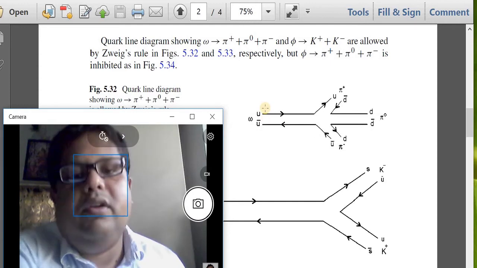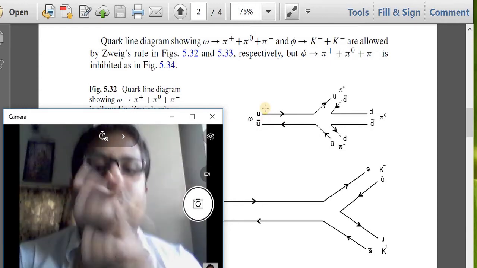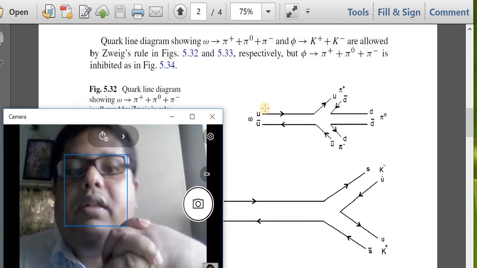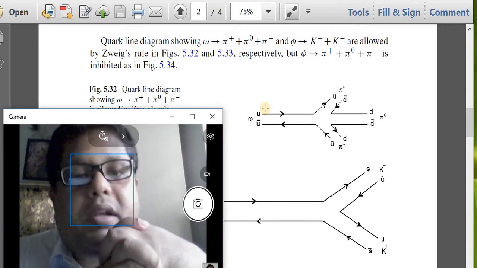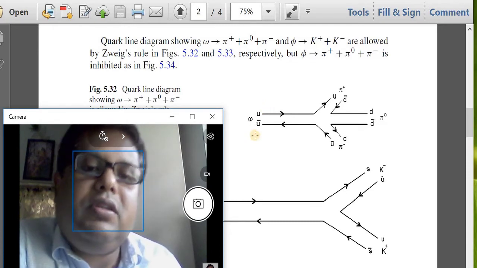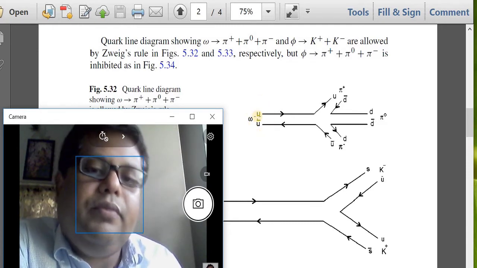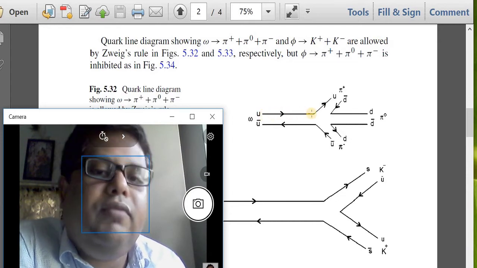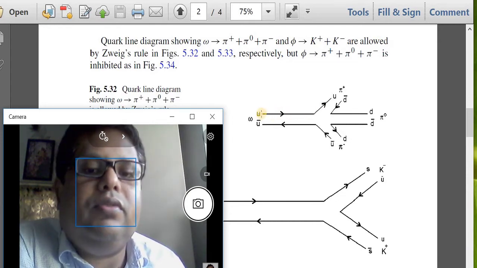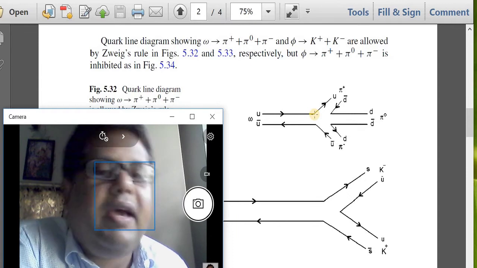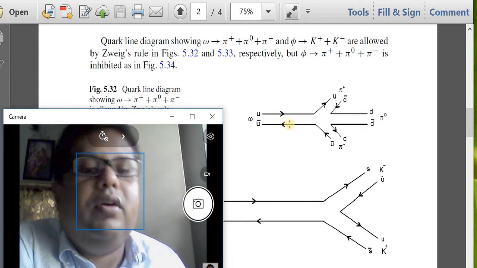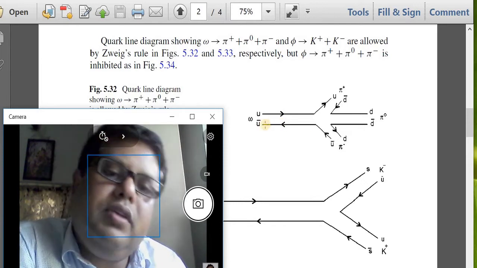First, I have to remember the quark constituents of this particle. So omega consists of u and anti-u. Now I am using the quark flow diagram. How do I represent u? A left to right horizontal arrow. Next, anti-u, a right to left horizontal arrow.